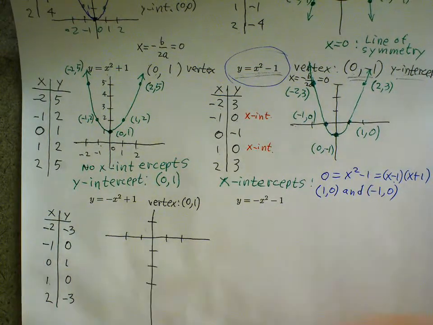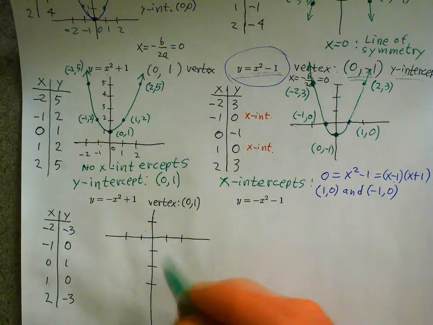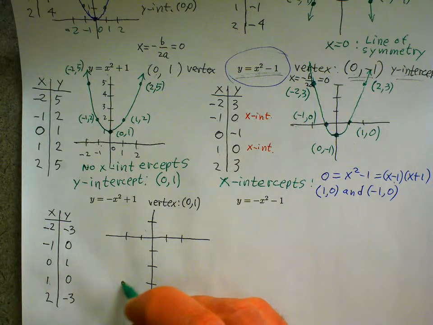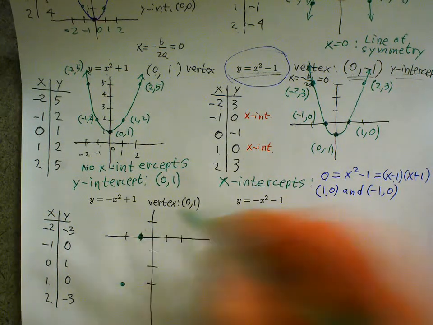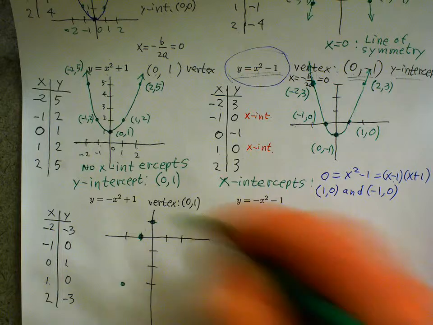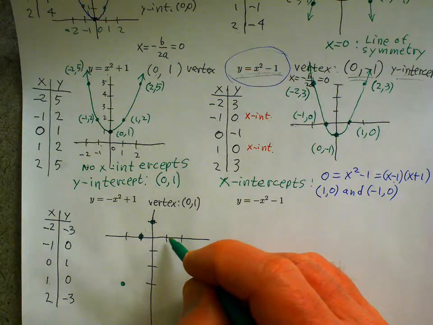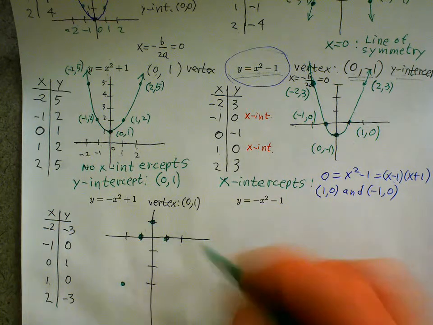Okay, so negative 2, 3. Sorry, negative 2, negative 3. Negative 1, 0. 0, 1. 1, 0, and 2, negative 3.